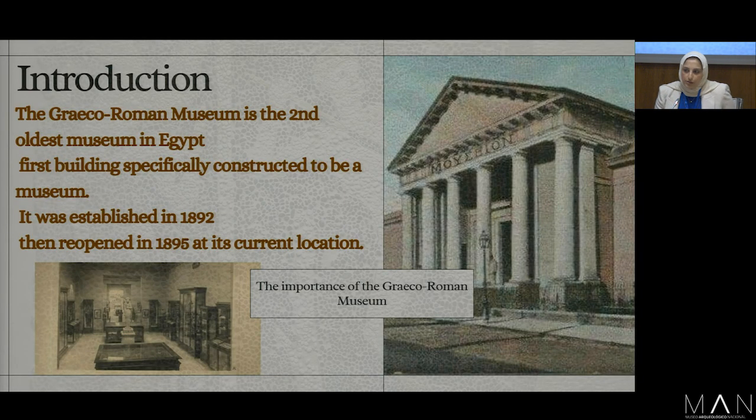First of all, I will give you a quick introduction about the history of the museum. The Graeco-Roman Museum is the second oldest museum in Egypt, and the first building specifically constructed to be a museum. It was established in 1892, then reopened in 1895 at its current location.